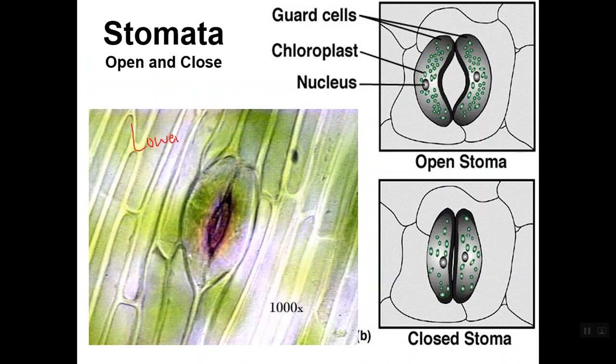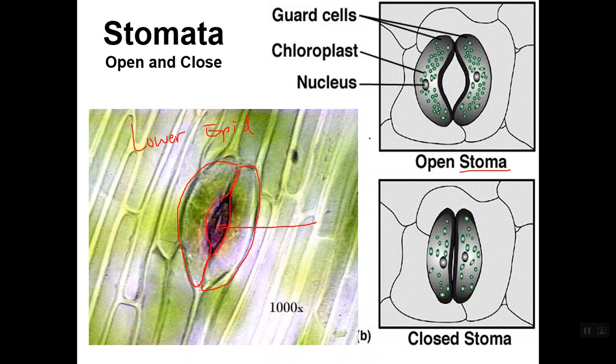You flip a leaf upside down and you're looking at the lower epidermis. That's what all of these cells out here are. Here's a guard cell. I'm outlining it right now. On the other side of the stomata, you have the other guard cell. And right there in the middle is the actual opening. That's the stomata.